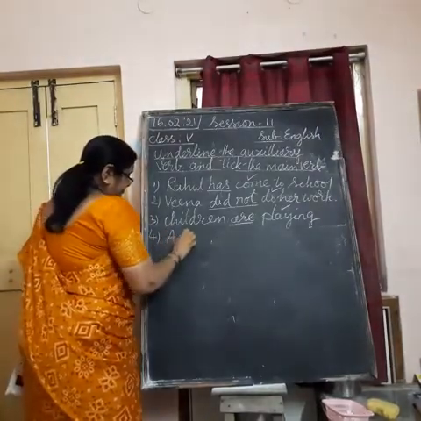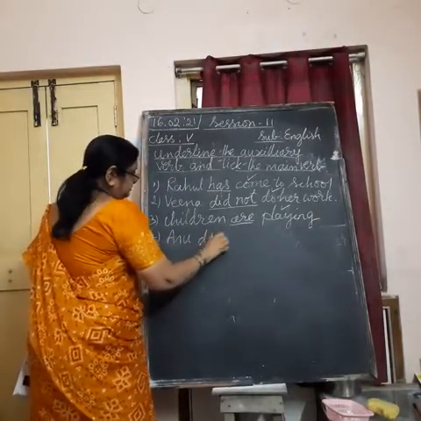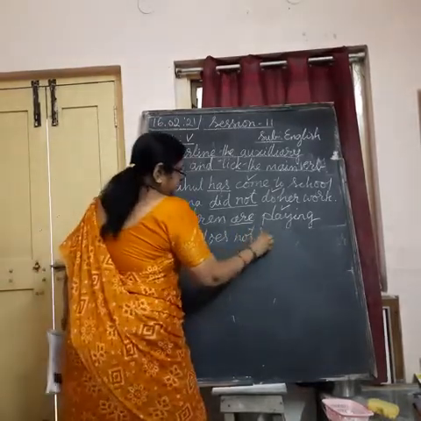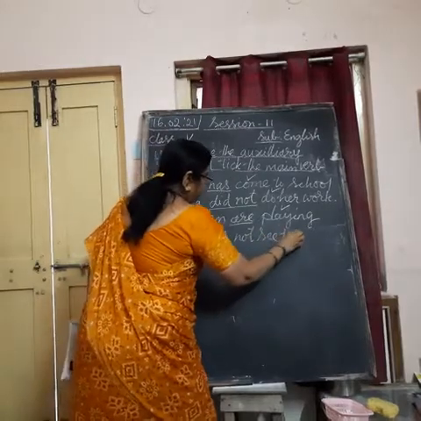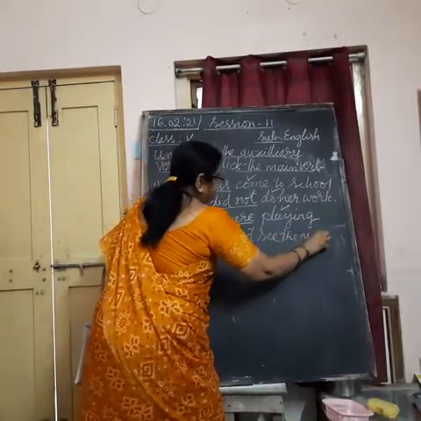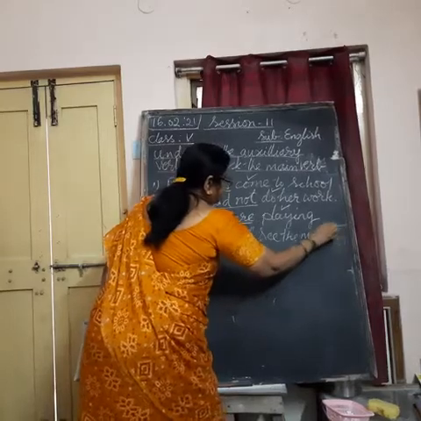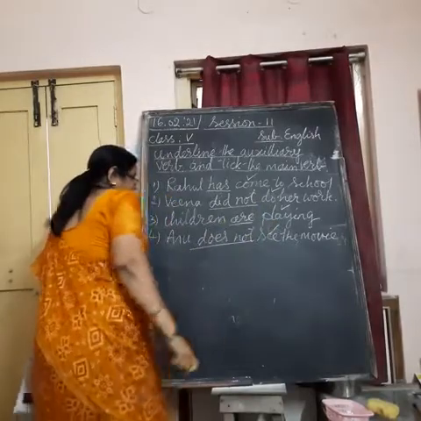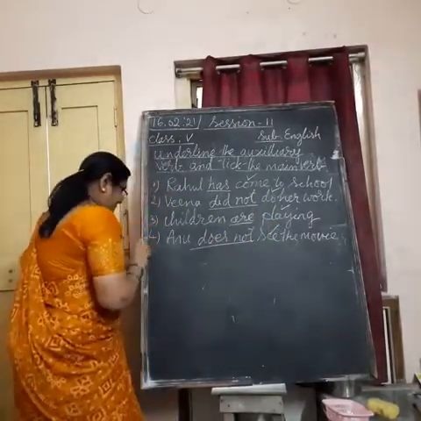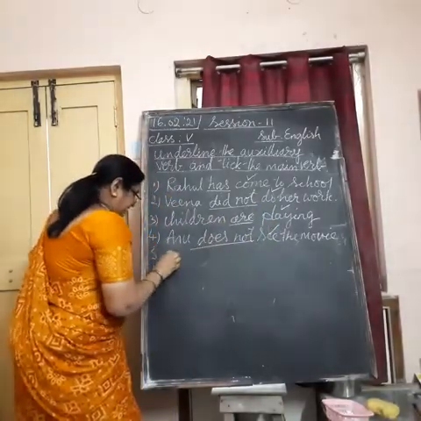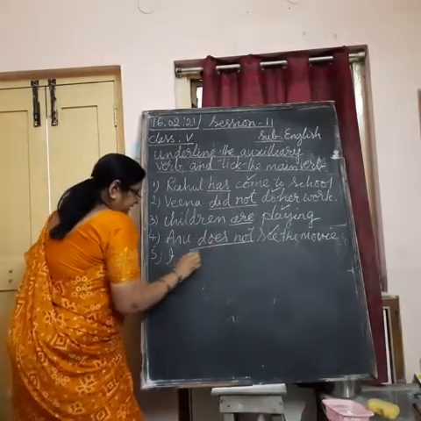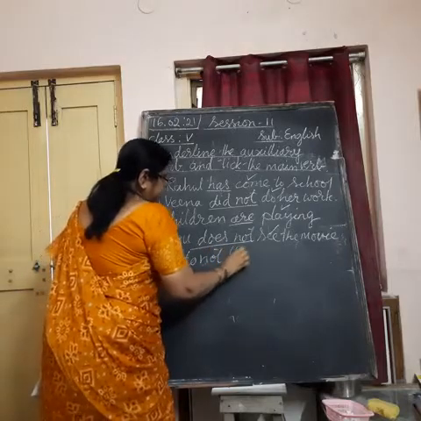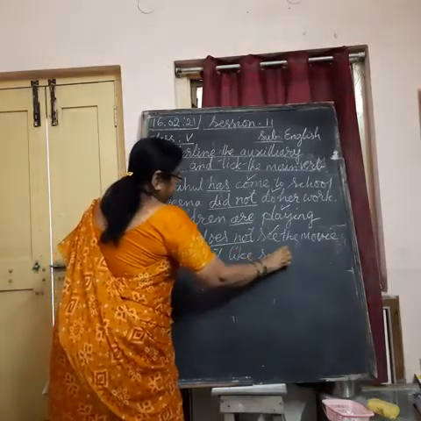Anu does not see the movie. If it is like that, does not is the auxiliary verb, see is the main verb. I like, I don't like, or I do not like sweets. I do not like sweets.